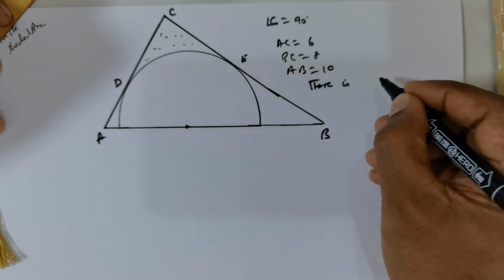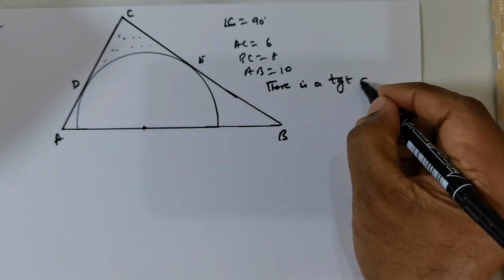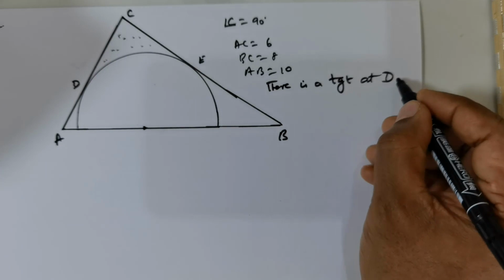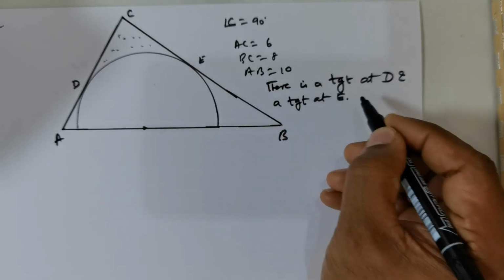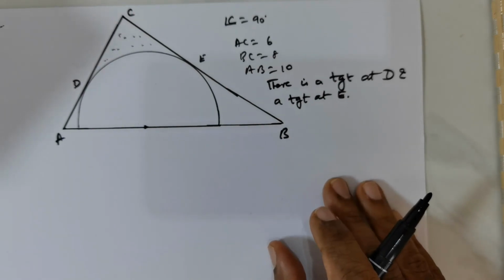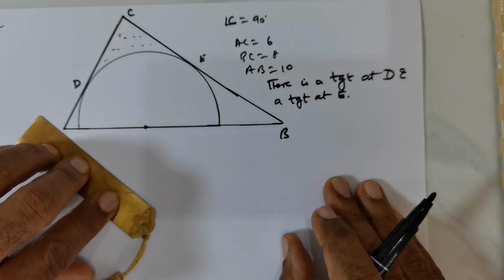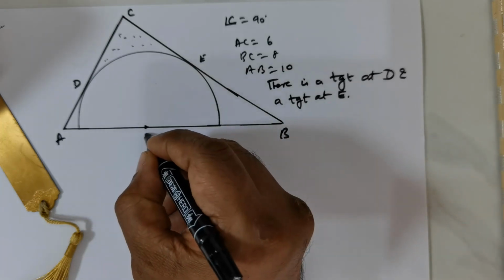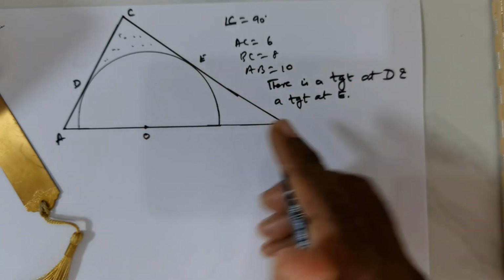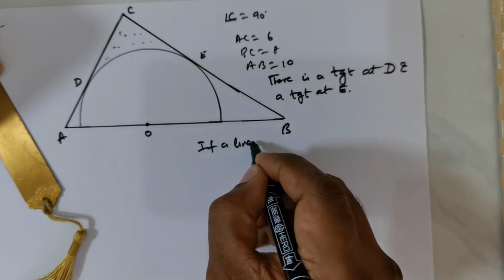So there is a tangent at D and a tangent at E. Okay, so what I'm going to do is I'm going to use the all-important theorem.